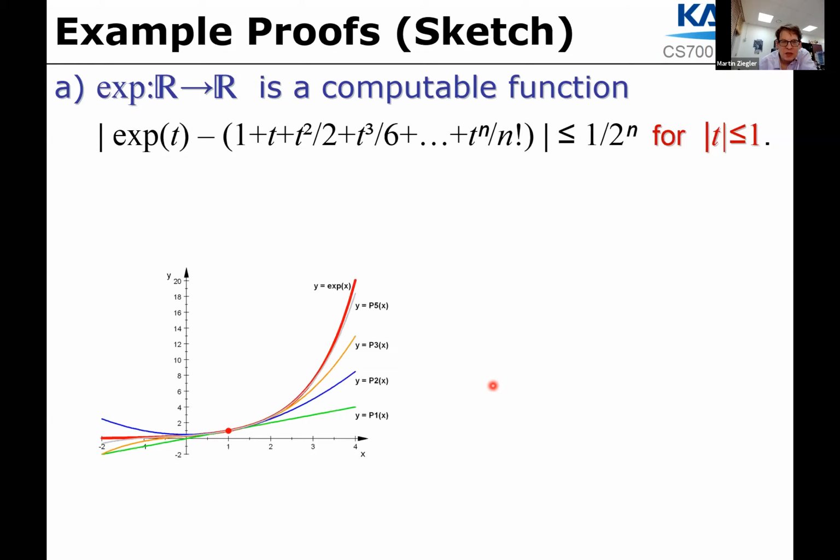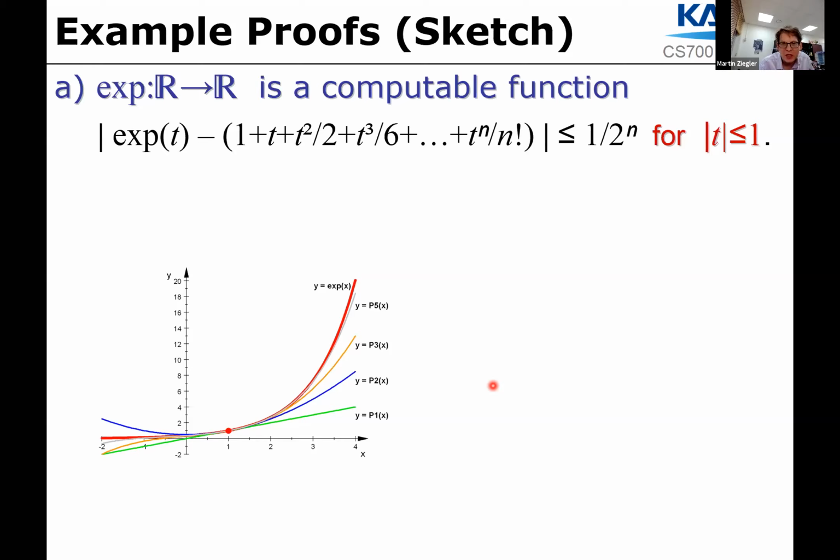So here you can see a picture. Red is the true exponential function plotted from -infinity to +infinity, and of course it tends to 0 for -infinity. And you can see the first 5 Taylor polynomial approximations.